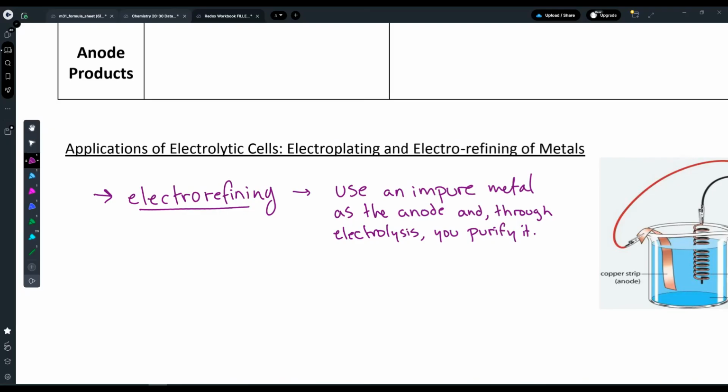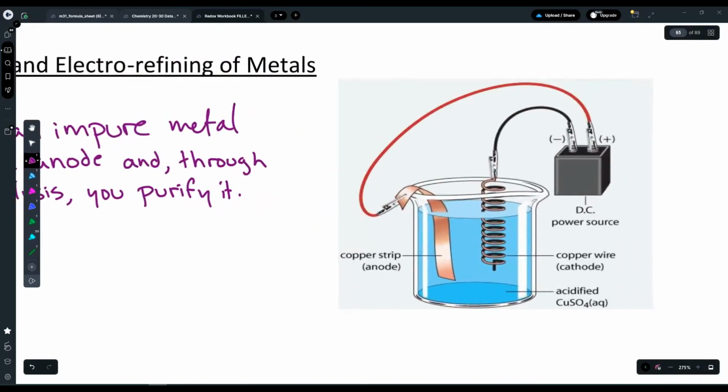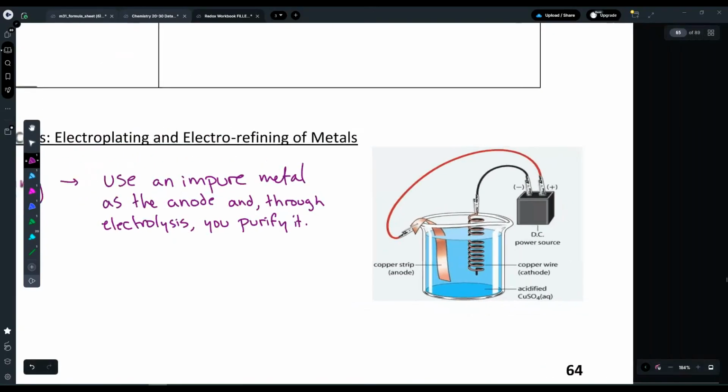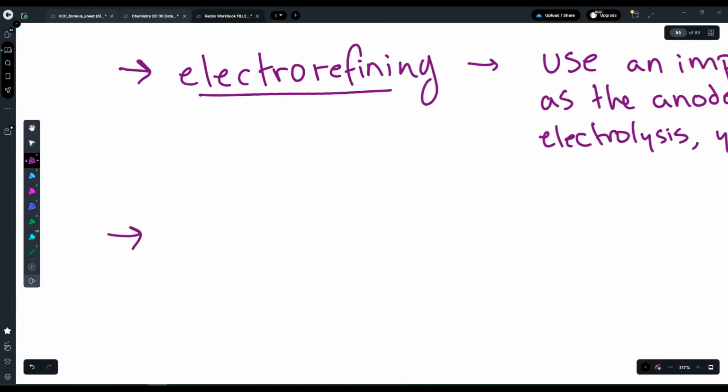Another use of electrolytic cells would be electroplating, which would be what this diagram is trying to represent here. Okay, so essentially what you're doing with electroplating is depositing a very thin layer of some pure metal onto some substance, and that substance is going to be a metal, I should specify that.